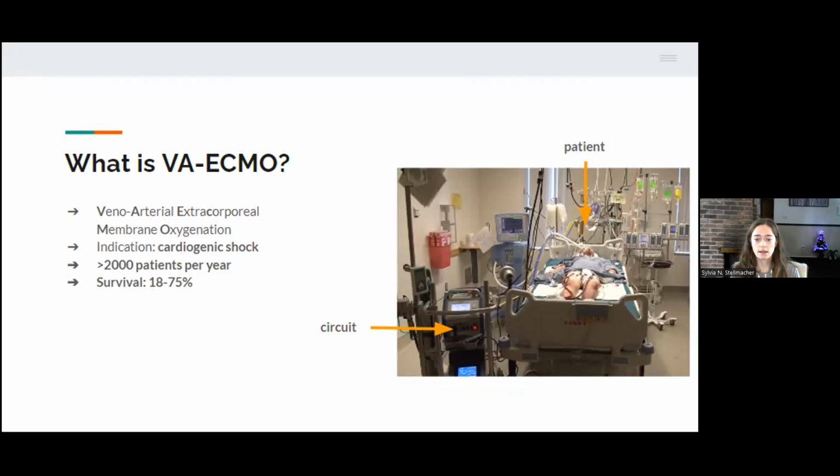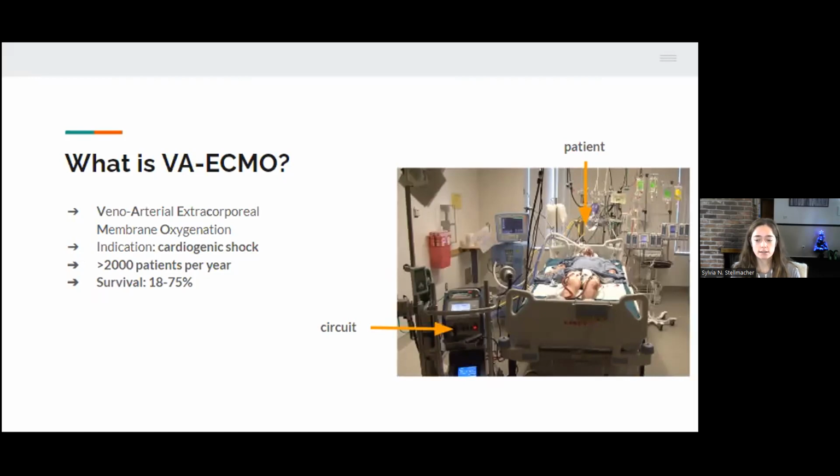There's a certain number of scores that are utilized to determine patient survival, and essentially it depends on someone's pre-ECMO status. For patients who have different comorbidities, the survival to discharge ranges anywhere from 18 to 75%. And there's different scores that are utilized to determine someone's likelihood of survival. These include the SAVE score, the ENCOURAGE score, REMEMBER, and CARD-SHOCK score. These are all variable.